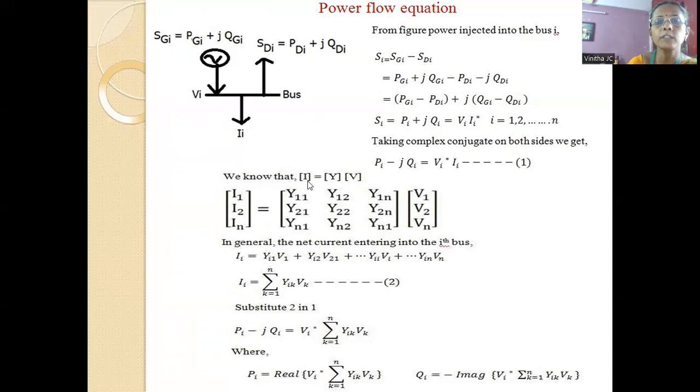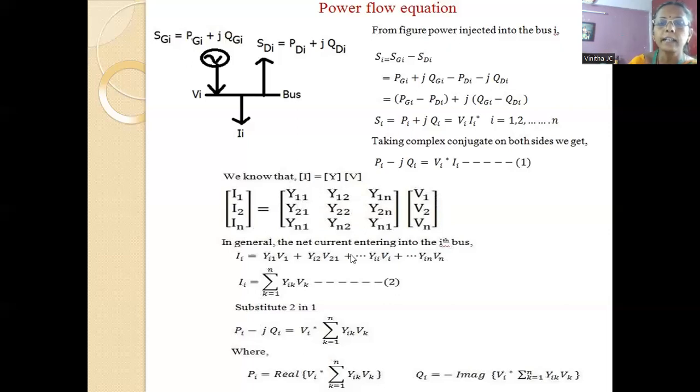We know the equation I is equal to Y into V. If we write it in matrix form, we can write I1, I2 till In equal to the Y matrix into the V matrix. Here i varies from 1 to n.